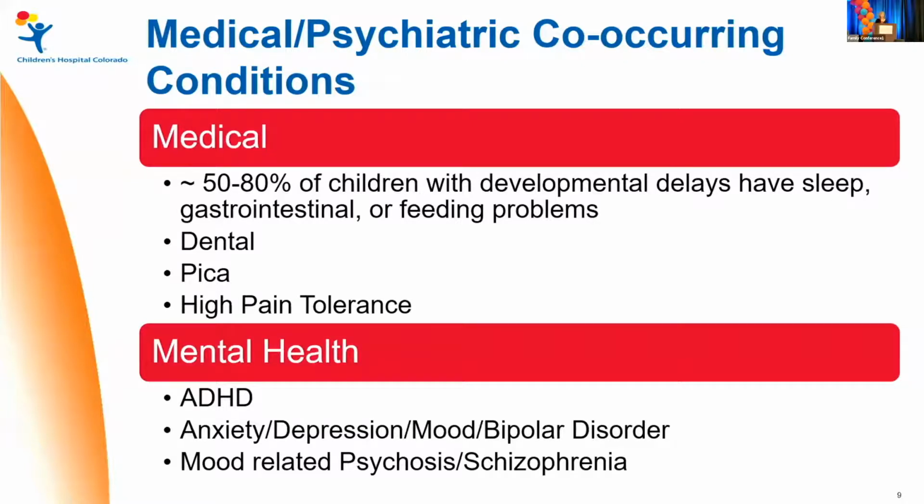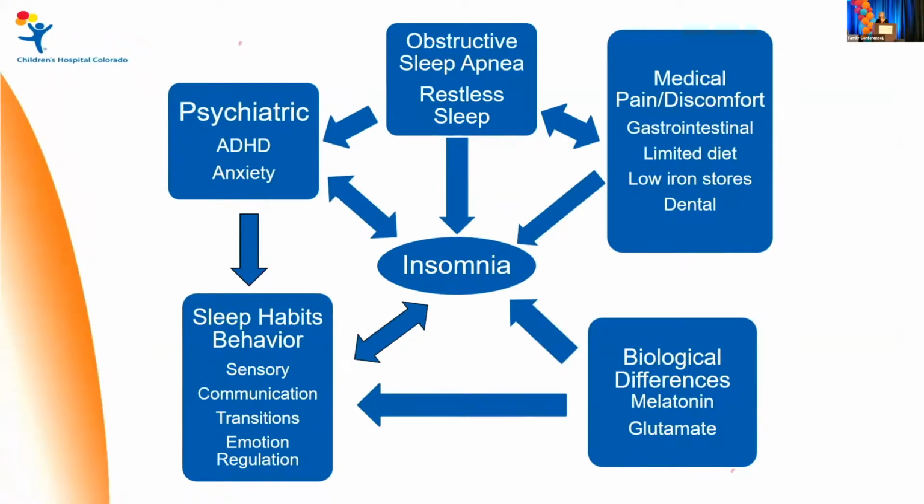Also, children with developmental issues could have a co-occurring anxiety or ADHD, so it's important to think about that as well. One of the things I feel is super important is thinking about the complexity of these issues in a child with developmental delays, because there are so many things that could be going on.